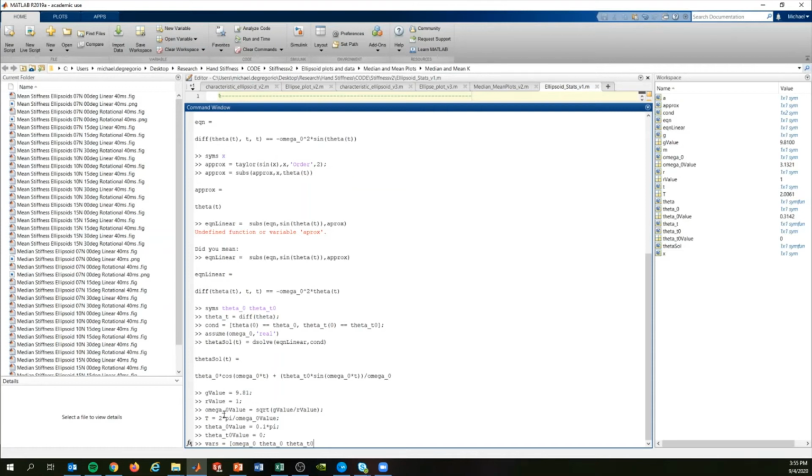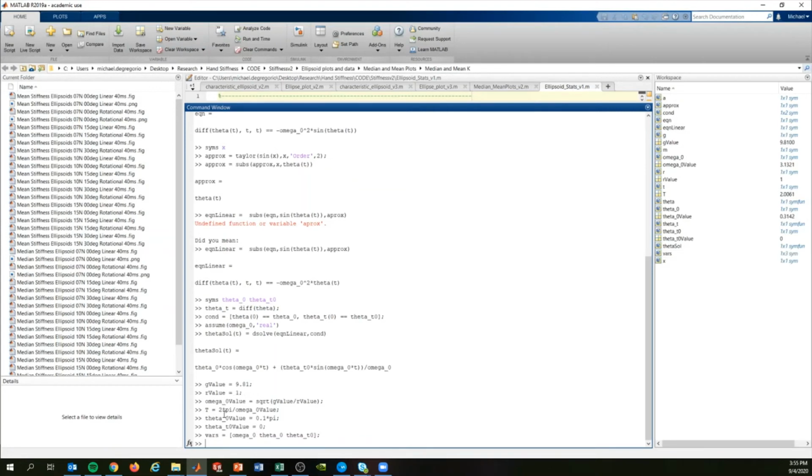Right, so I'm setting up an array with those values equal to omega underscore 0 value, theta underscore 0 value, theta underscore t0 value.